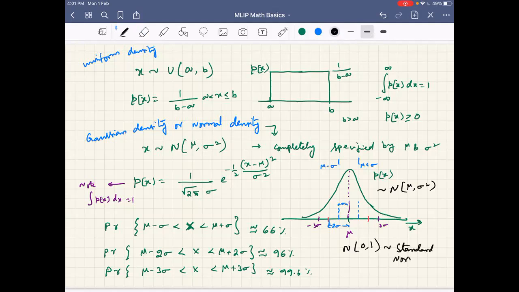And this standard normal distribution, if I mathematically write it, it will be 1 by root 2 pi e power minus half. So what should I write? Let me use a different color for better clarity here.